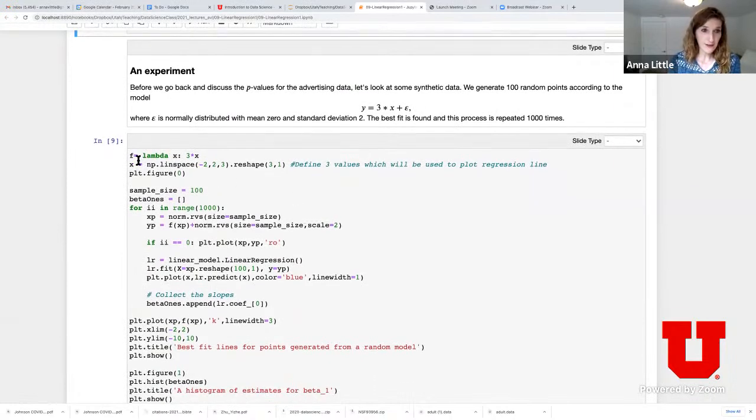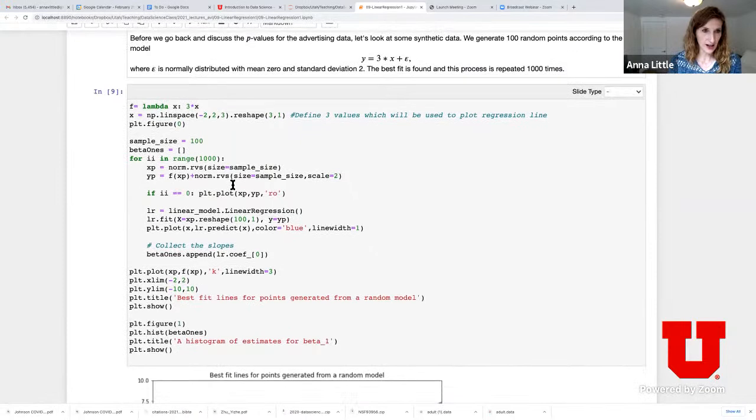So here we have a function f, which is our ground truth. And then I'm just defining some values here that will be used to plot the regression line. And here is our simulation. So we're going to do 1,000 simulations. In each simulation, we're going to sample 100 points.